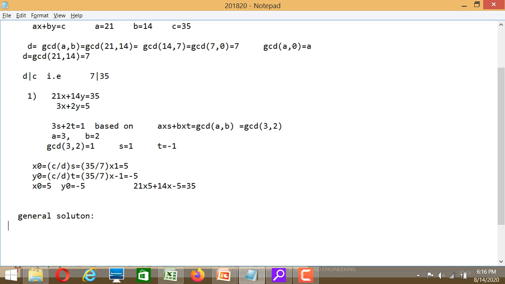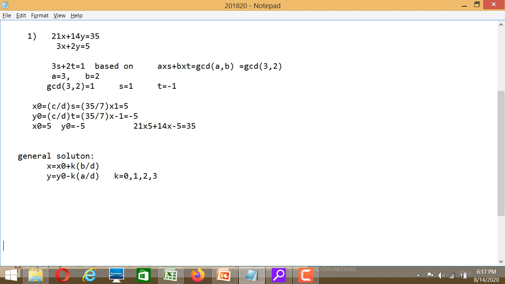Okay, we can find the general solution by using the formula x is equal to x naught plus k into b by d and y is equal to y naught minus k into a by d, where k is equal to 0, 1, 2, and so on.